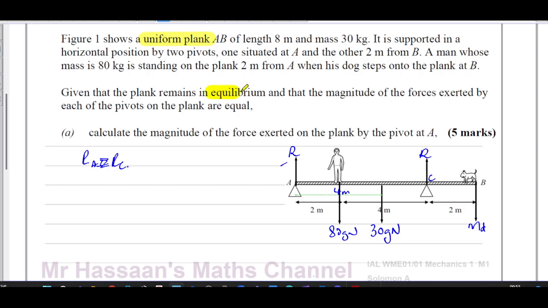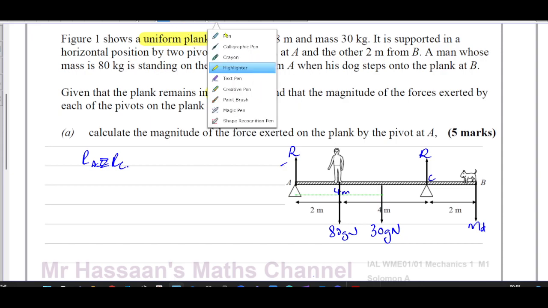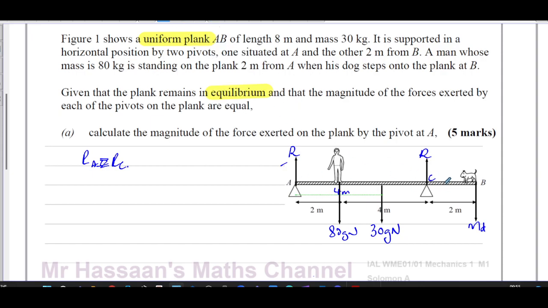Because it's in equilibrium, the clockwise and anti-clockwise moments that we take from any point we want will be the same. They cancel each other out, so we can take moments about any point we want to. Now, I can't find the value of R by equating the upward forces and the downward forces, because there's one of the downward forces we don't know.